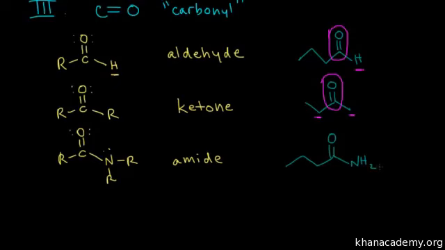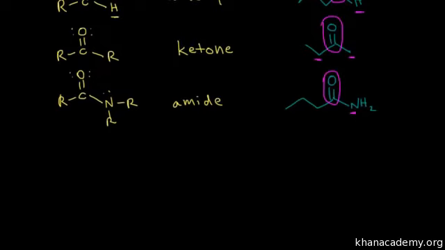And students sometimes have a hard time telling the difference between an amide and an amine. An amide is when you have a nitrogen next to a carbonyl. So if it's next door to it, it is an amide. If that carbonyl weren't there at all, then we would have an amine. So I think that's where sometimes the confusion sets in for students, right? So look for that carbonyl to identify an amide.